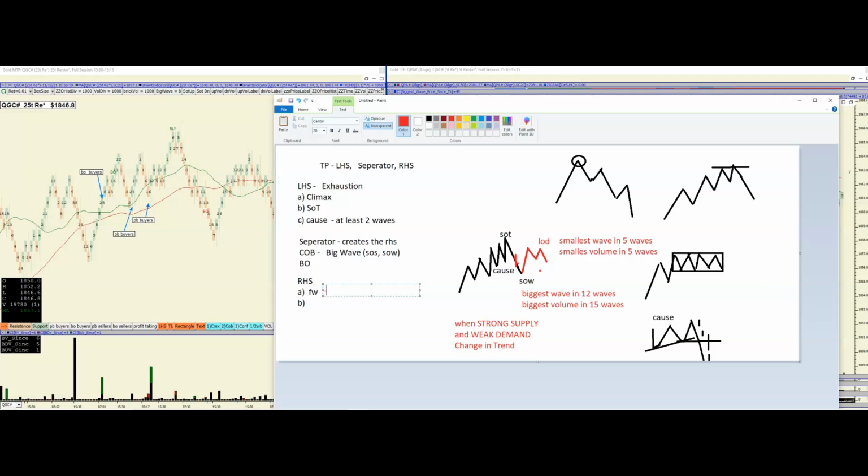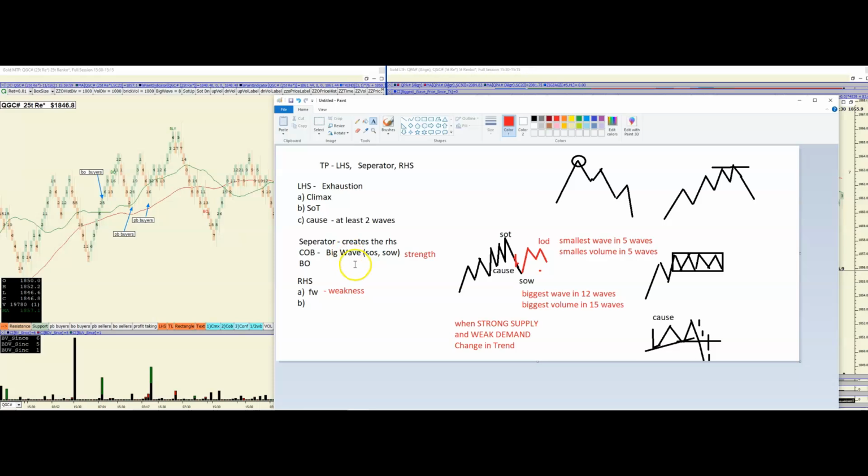It is weakness. It's an indication of weakness, just like your change of behavior is strength.